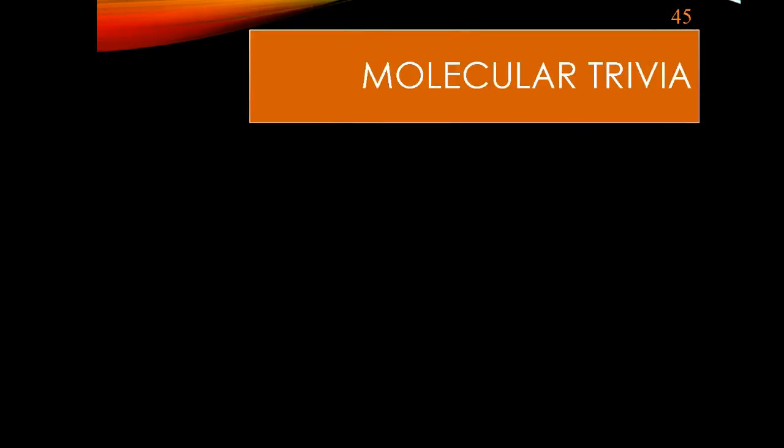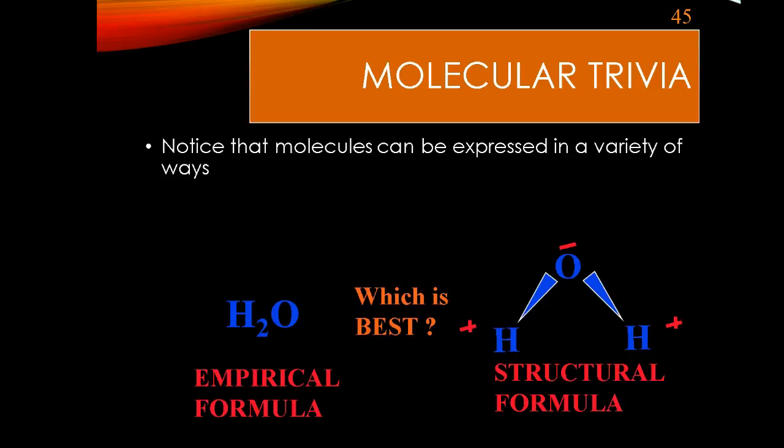All right, let's move on to the difference between an empirical formula and a structural one. Which one is the better representation? That depends on what you're looking for. Let's talk about the empirical formula. As you saw on the last slide, the empirical formula basically makes books lighter. It's more concise.